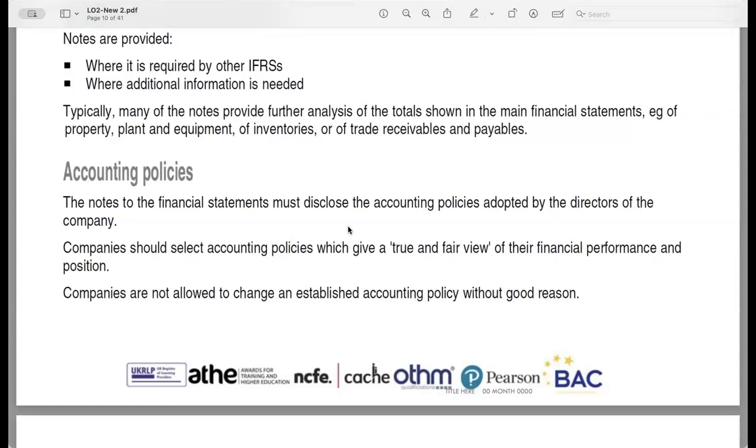Companies must select accounting policies that comply with IFRS and provide the most accurate representation of their financial activities. Furthermore, these policies should not be changed without a compelling reason, ensuring consistency and comparability over time.